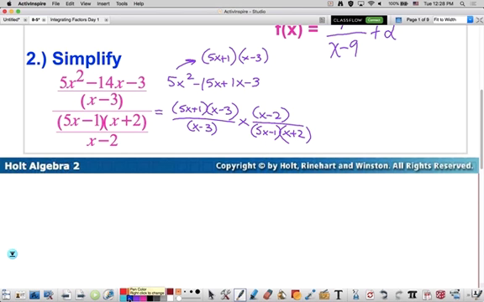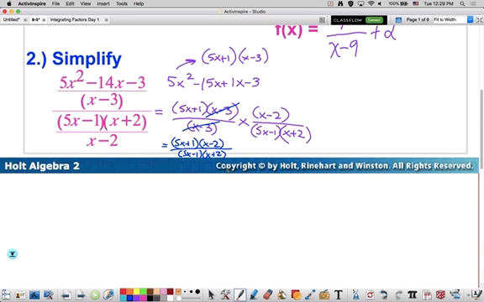There are two things that you can't cancel. You can't cancel these 5x minus 1 and this plus 1. Can't cancel that. And you cannot cancel x plus 2 and x minus 2. The only thing that cancels is that x minus 3. So your final answer should have been 5x plus 1 times x minus 2 divided by 5x minus 1 times x plus 2.